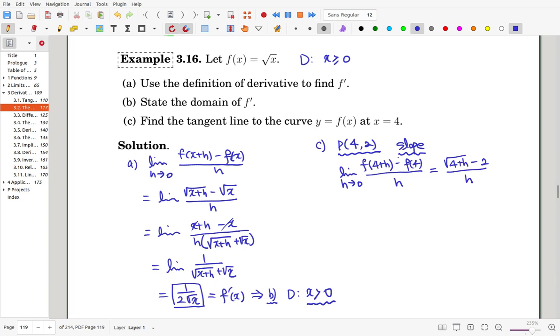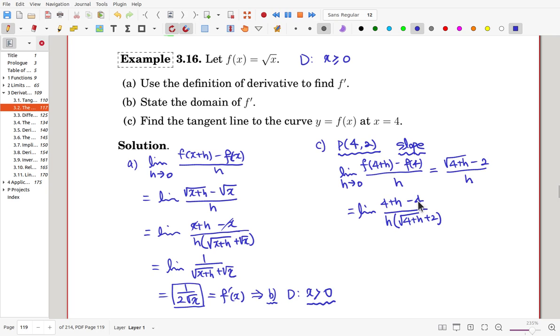Once h is approaching 0, top and bottom approach 0 together. So we need rationalization. Here square minus square: 4 plus h minus 4, 2 squared is 4, divided by h times its conjugate, which is square root of 4 plus h plus 2.